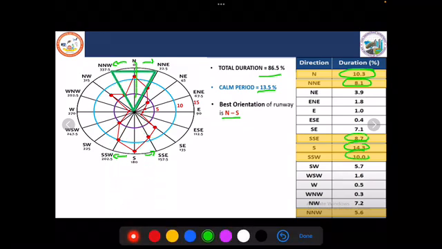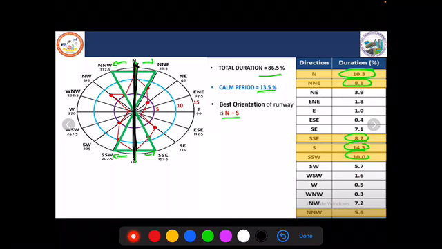If I locate the runway in the north-south direction, the total wind coverage will be equal to the shaded portion, the region highlighted in green color. So that will be the wind coverage in that particular direction.